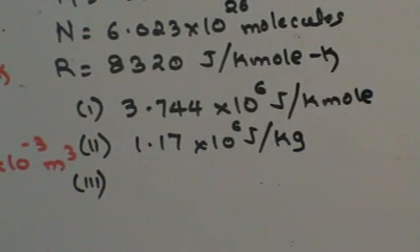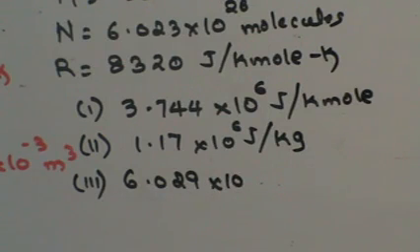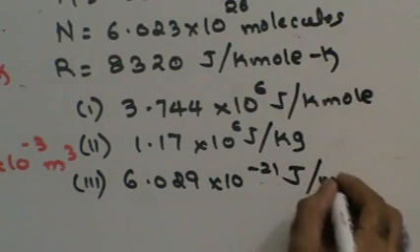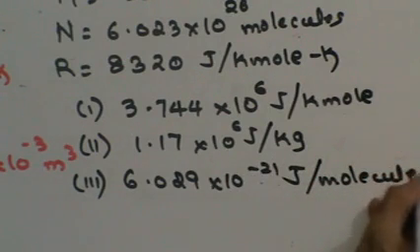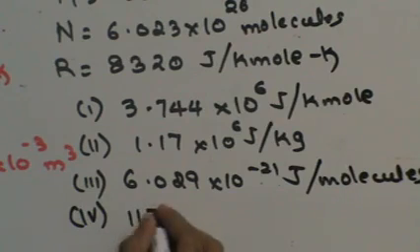Next, kinetic energy per molecule is 6.029 into 10 raised to minus 21 joules per molecule. Right? And for 10 grams, the kinetic energy should be 1170 joules. Right? Okay, we'll stop this here for the day. Thank you very much.